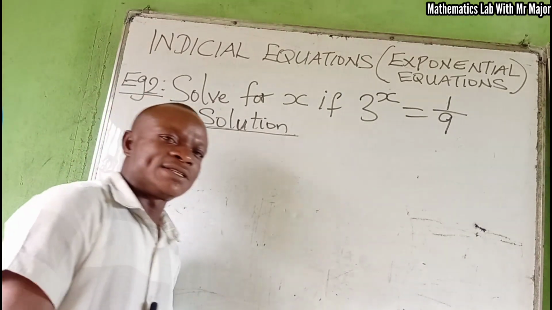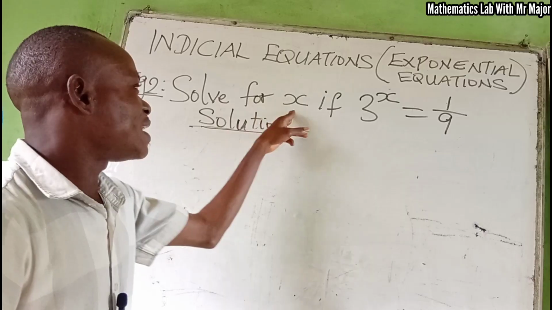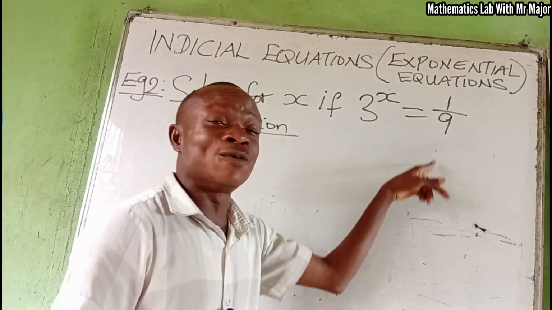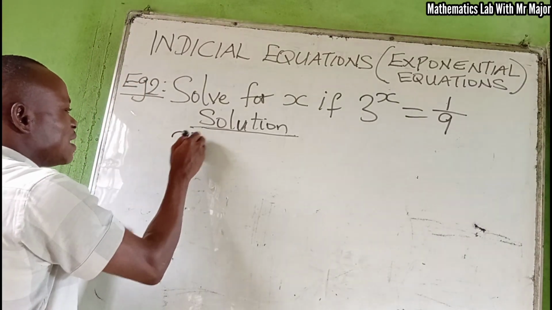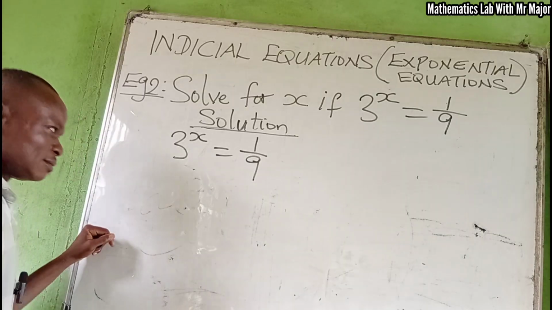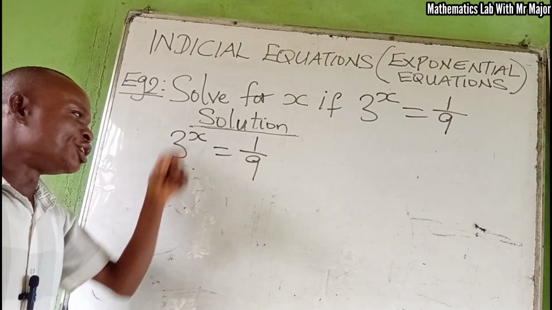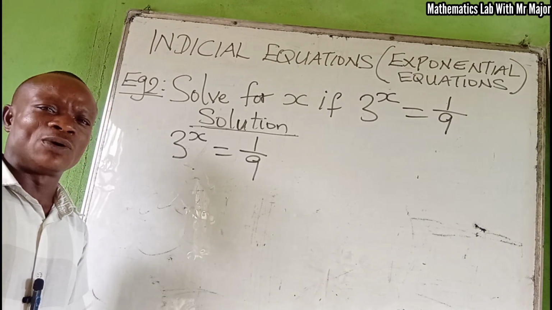Now, let us look at example 2. Solve for x if 3 raised to power x equal to 1 over 9. Solution: we have 3 raised to power x equal to 1 over 9. Now, this one is in fractional form, so we need to apply the negative index law.